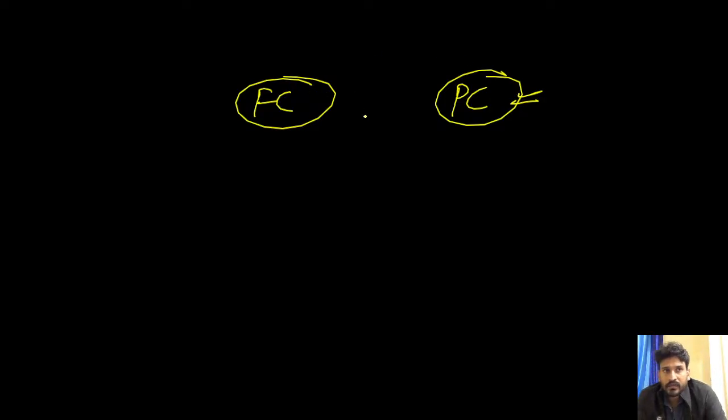And another controller is my pressure controller. What do you think, guys? With the help of flow controller we maintain the pressure, or with the help of pressure we maintain the flow? I think all guys are satisfied with this statement, that with the help of pressure we maintain the flow. Yes or no? So this is my master control and this is my slave control.